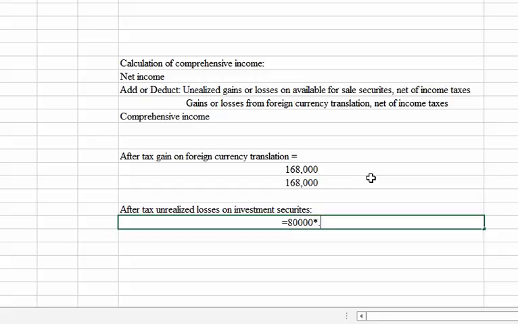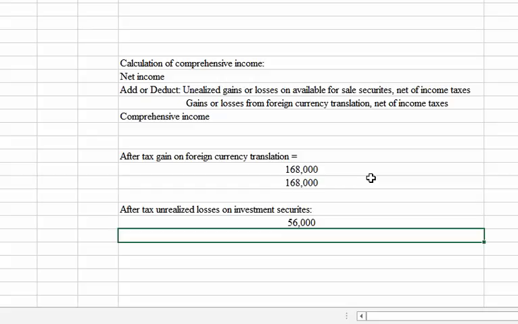So the amount of the loss after the tax benefit would be 70%, 56,000.